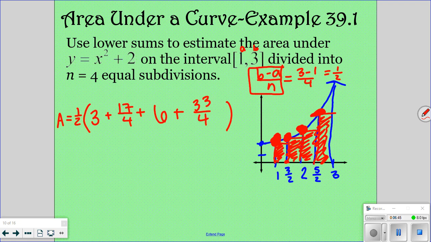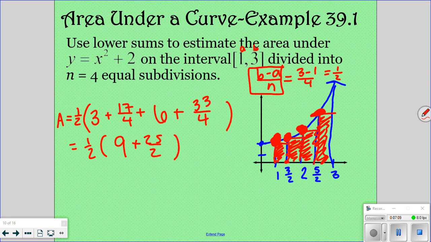And so then we're going to add all of those together and then multiply it by 1/2 to get our area. So 3 plus 6 is 9. 33 over 4 plus 17 over 4 is 50 over 4, which reduces to 25 over 2.